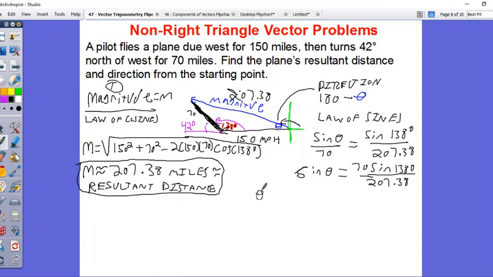So theta is equal to the inverse sine of 70 times the sine of 138 degrees over 207.38. To find theta, we're going to have to pull up our calculator.